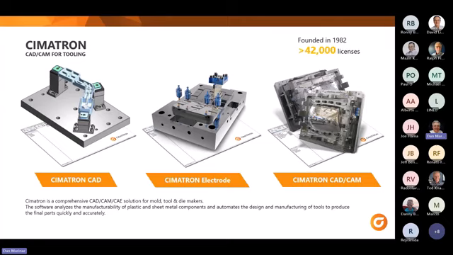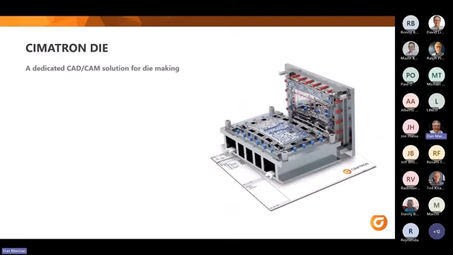Additionally, we offer Cimatron CAD. It's a full 3D parametric hybrid modeling system. We have Cimatron Electrode, a specialized application just for electrode extraction, burning, toolpath creation, and Cimatron CAD/CAM, the full seat that offers all of the capabilities we've spoken about here.